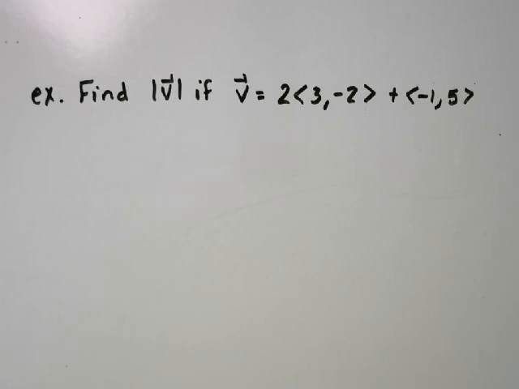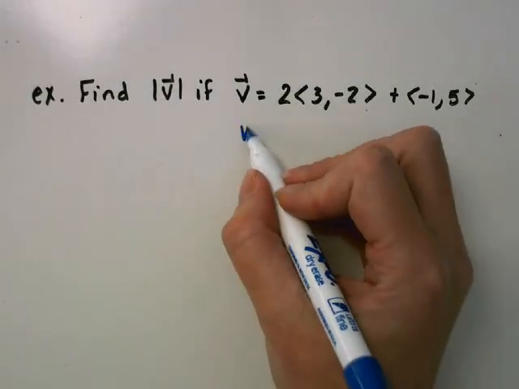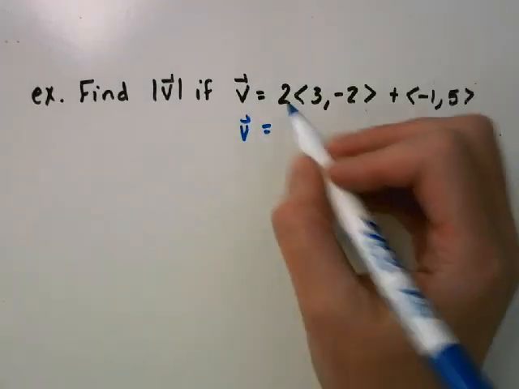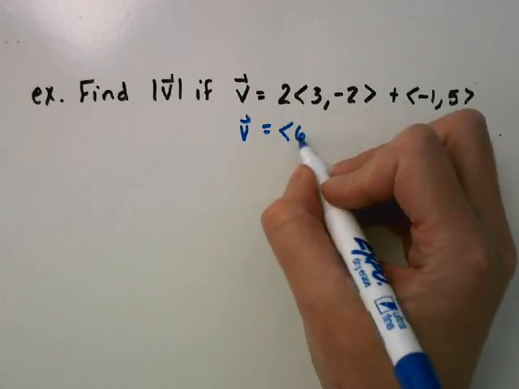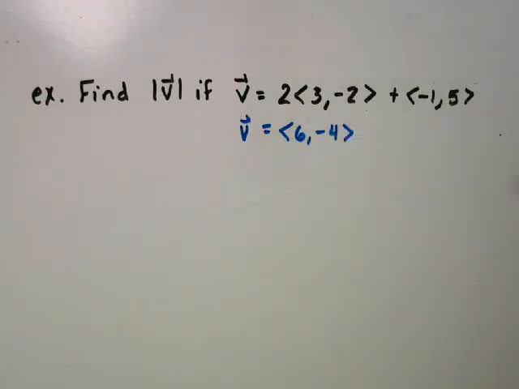So we're going to find the magnitude of v if vector v is equal to 2 times vector 3, negative 2 plus the vector negative 1, 5. So first, I'll distribute the 2. So this one will be 6 and negative 4.